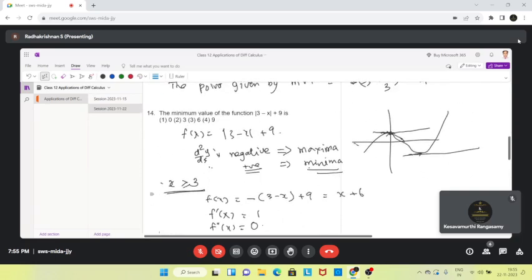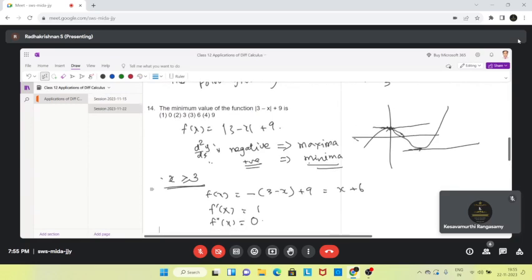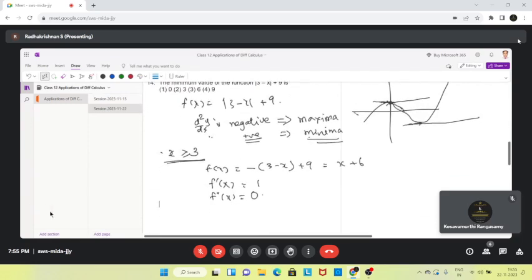Minus 9. So it will be simply 3 minus x.